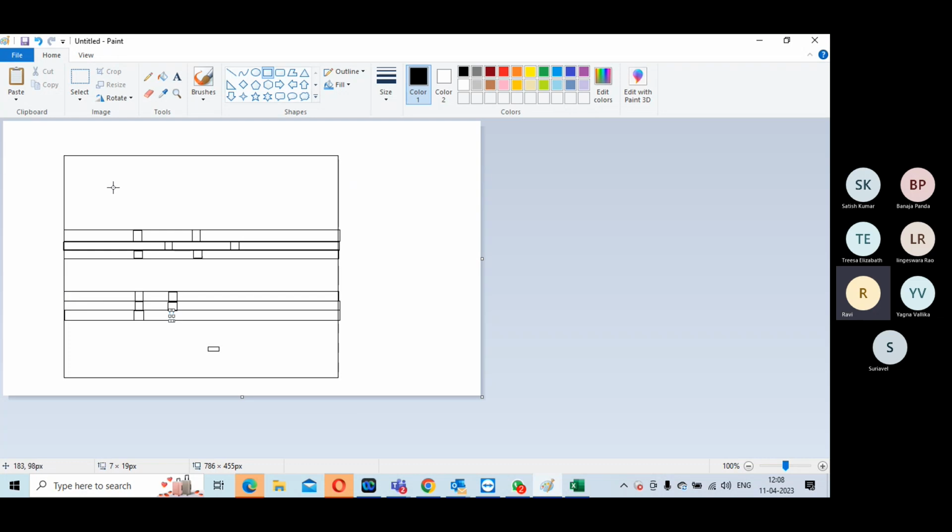Now that one you'll have to place in a matrix fashion. That means every 100 micron I need a spare cell, or every 200 micron I need a spare cell. So you can create a region of 200 micron for the spare cell group, and you allow the spare cells to be placed there.